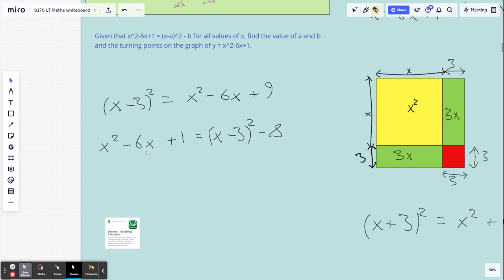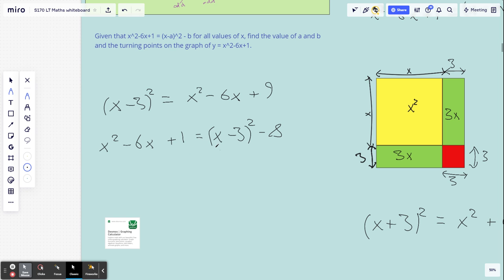So this can be tested by putting the equation into a graph. We can test it a number of ways. We could factorize that back out and we'd see that that's the correct one. We could also put this into a graph using Desmos, which is a very good website for graphing functions. If you put y is equal to x squared minus 6x plus 1, it'll plot a graph.